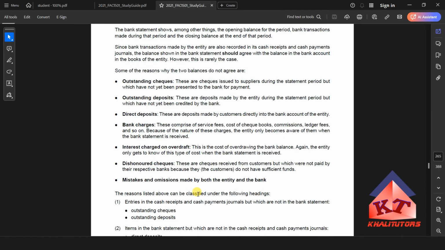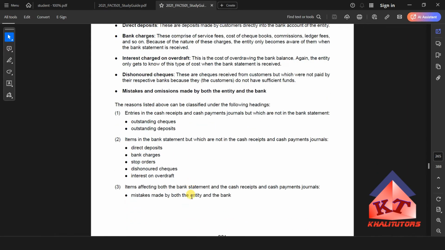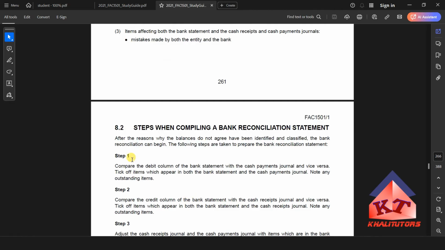Let us look at the steps that are involved in compiling a bank reconciliation statement. They say that after the reasons why the bank balances do not agree have been identified and classified, the bank reconciliation can begin. The following steps are taken to prepare the bank reconciliation statement.